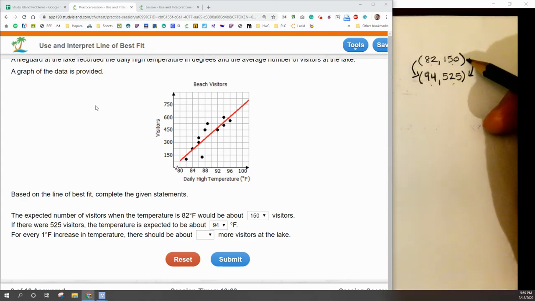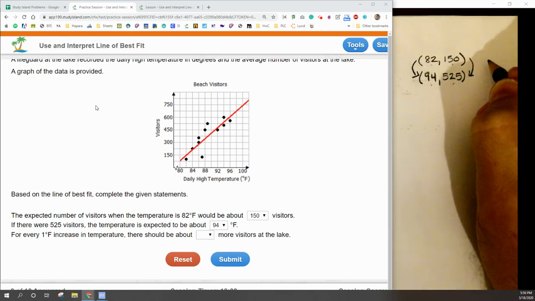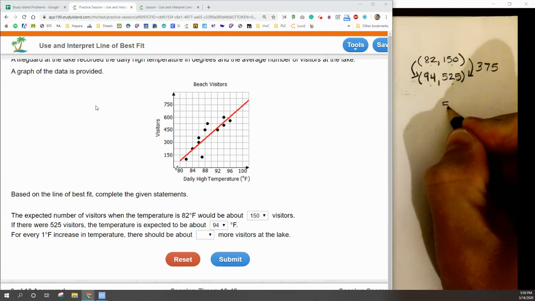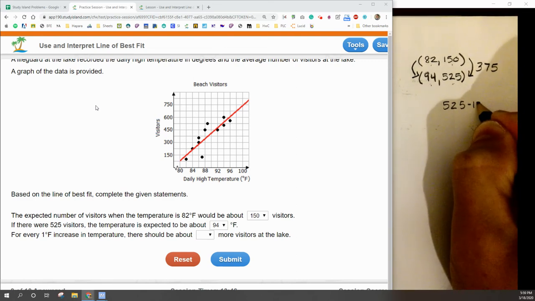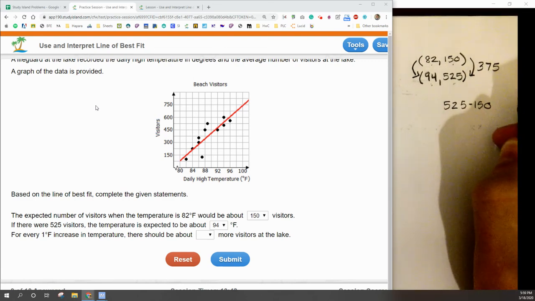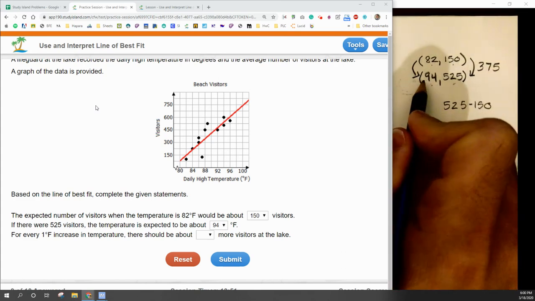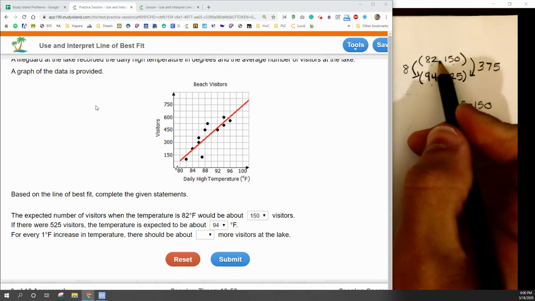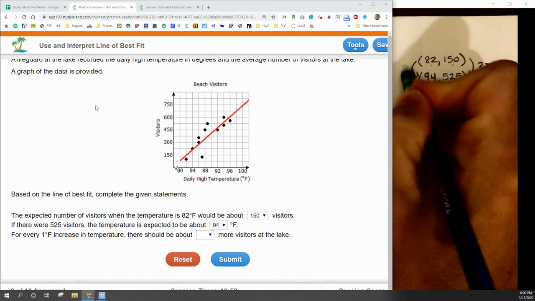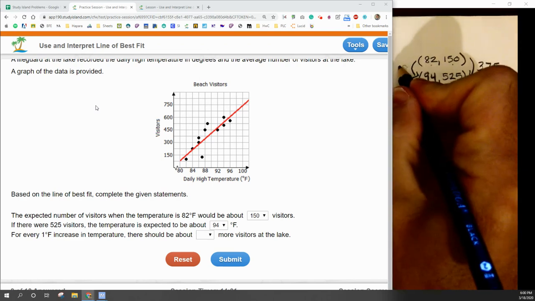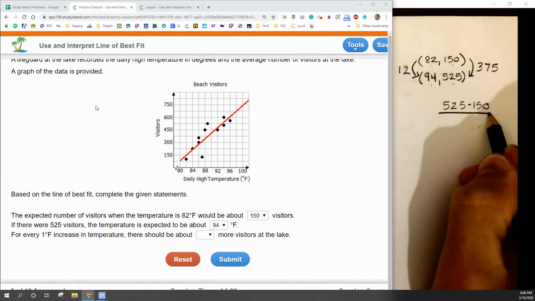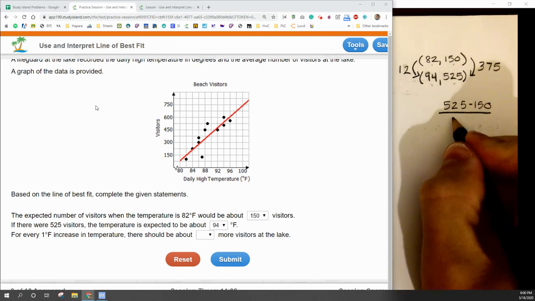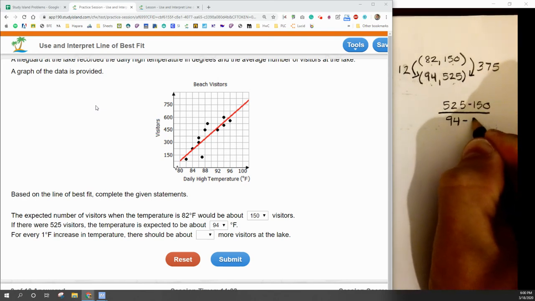The y value changes from going from 150 to 525 by 375. You get that by subtracting 525 minus 150, which gives 375. The x value changes over that same period of time by 12. It went up from 82 to 94, an increase of 12. And just like we did for the y values, we get that by subtracting 94 minus 82.